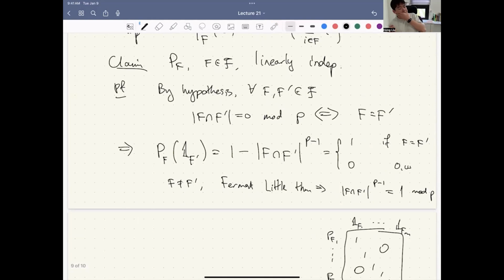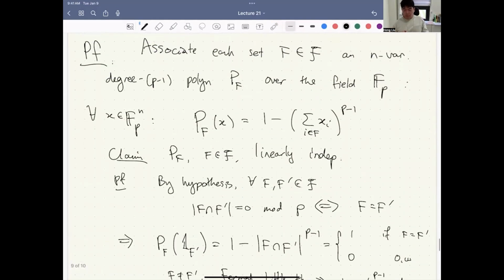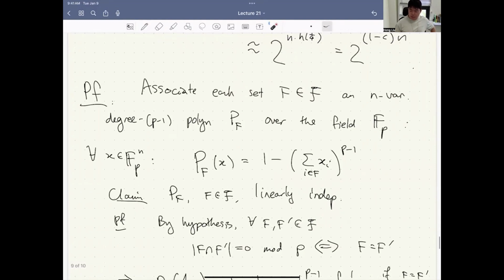Good. So now all we need to do is to estimate the vector space containing all these polynomials. This is degree p minus 1. So all elements look like x to the alpha, where alpha is also a vector, alpha 1 to alpha n.